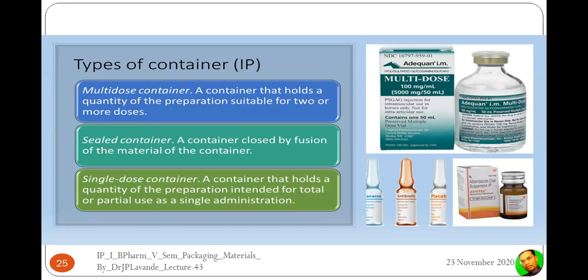We just have to break it at its neck, take out the content and inject. Same as the case with the parenteral suspension, although some dose may remain in the container itself after its use, it is just for single use. It should not be reused.